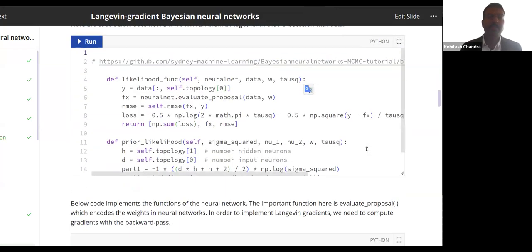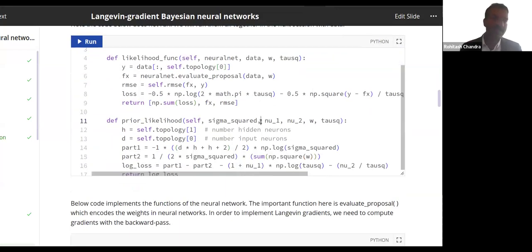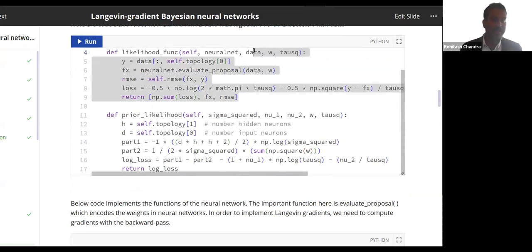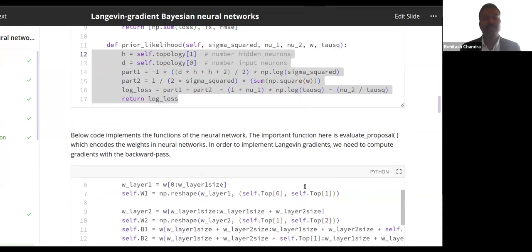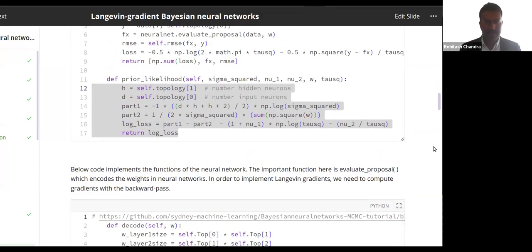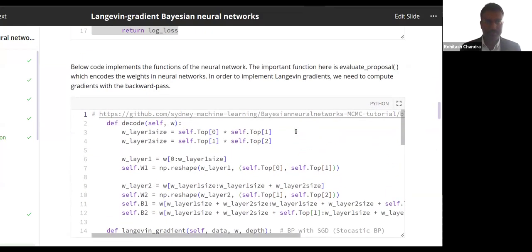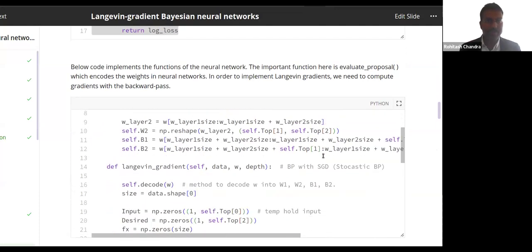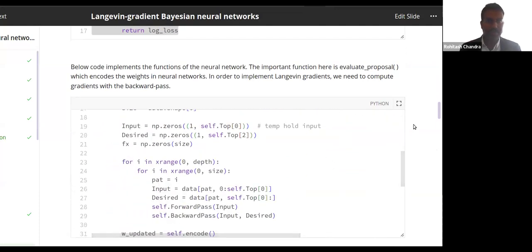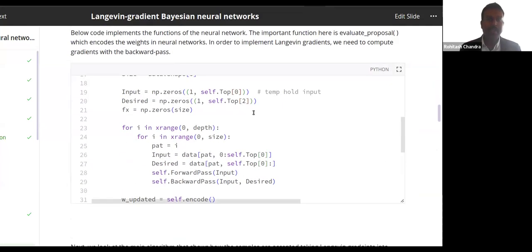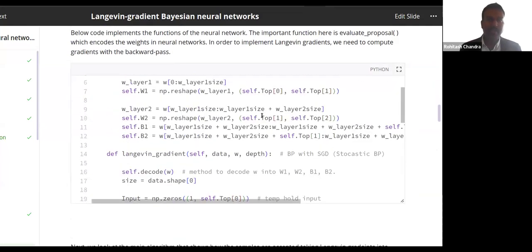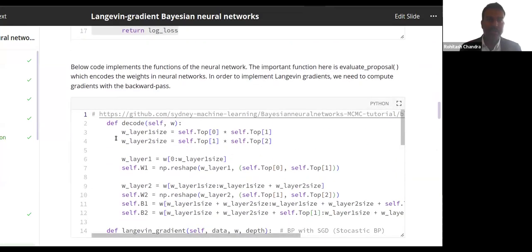Moving on, we have the same likelihood function as before. We have the same prior function as before. And we have the same other functions, but in the case of the neural network, we had the decode.